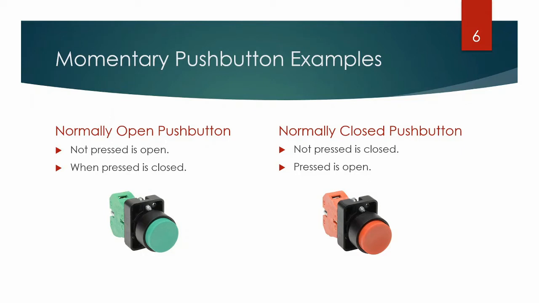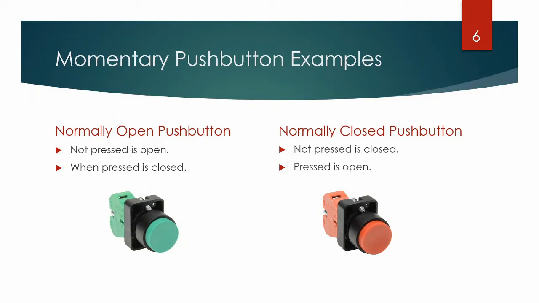When pressed, the contact block changes from its shelf state to its active state, which would be closing the switch, so that contact block would close. Of course, because it's a momentary push button, when we release that push button, that contact block will go back to its shelf state, and in this case, it would open back up.